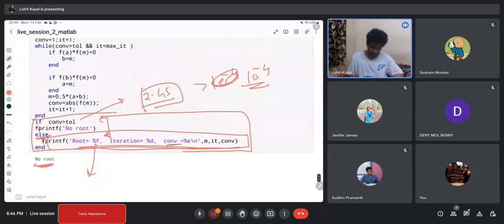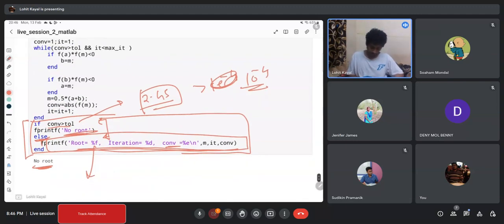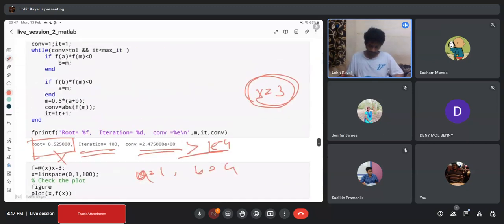This is the slight modification that I am doing in the code. If conv is greater than tol, just print that there is no root for those initial conditions, because this bisection method is very dependent on the initial conditions. Else, just print the correct answer. So this is what I have planned for today.